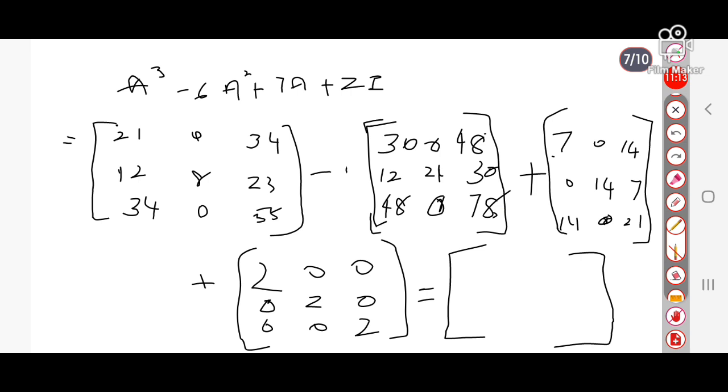So upon simplifying this entire matrix, we yield a 0 matrix.